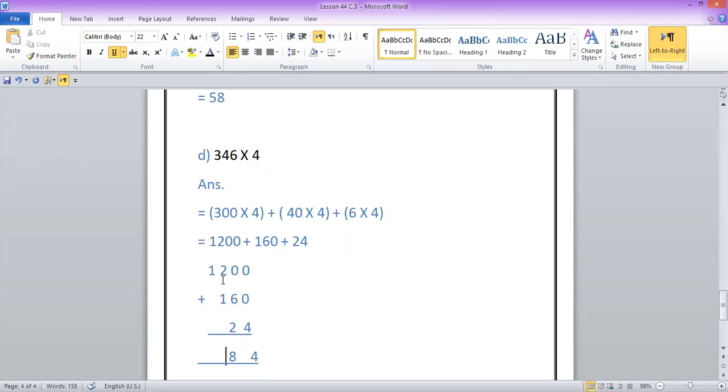Now 2 plus 1 equals? And 1. Guys, this is 1 and there is no more thousand value here. This is only 1 plus 0 plus 0. So 1 plus 0 plus 0 equals 1. So the answer is 1,384.